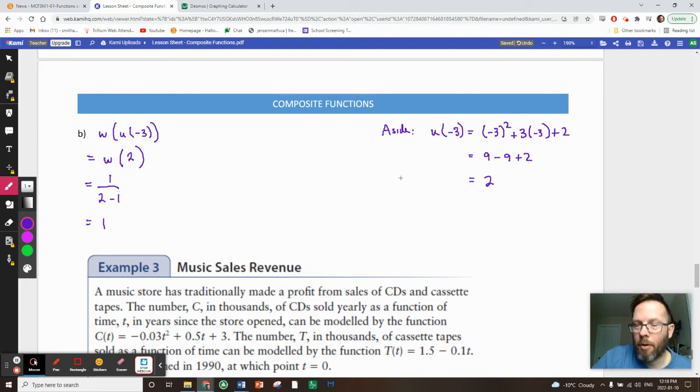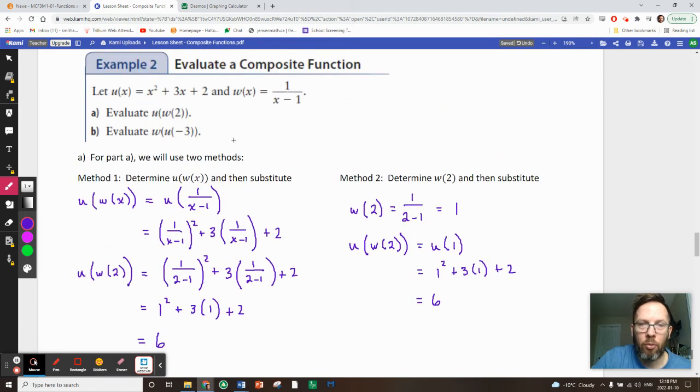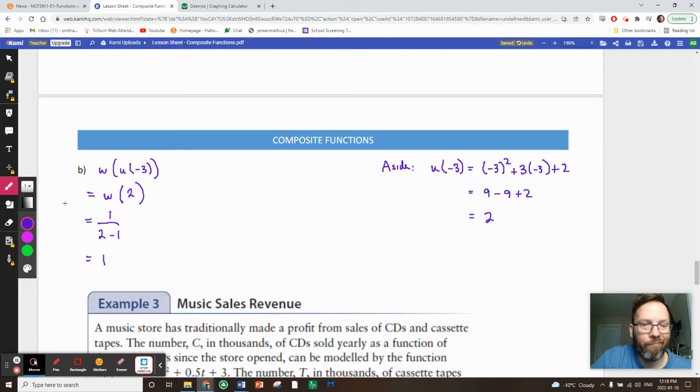In my opinion, probably a bit more simple than finding the actual composite function. Although, you know what? Got some time, so maybe I'll just squeeze this in here. What is that function? W at u at x. Just calling an audible here. This could be worthwhile doing.